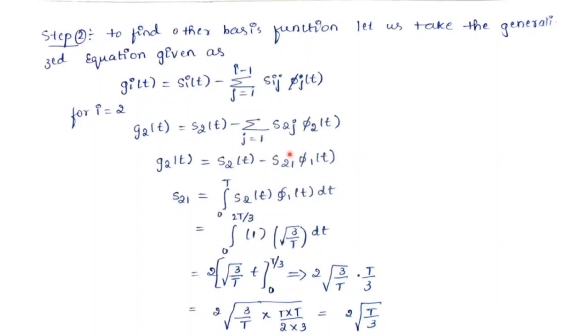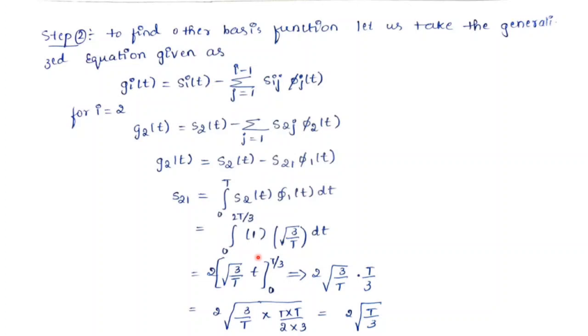We have to find s21. So s21 is equal to the integral from 0 to 2T/3 of s2 of t phi1 of t dt, because the interval is 2T/3 in the second graph. So s2 of t is 1, as it is shown in the figure. Then phi1 of t is root of 3/T, into dt.